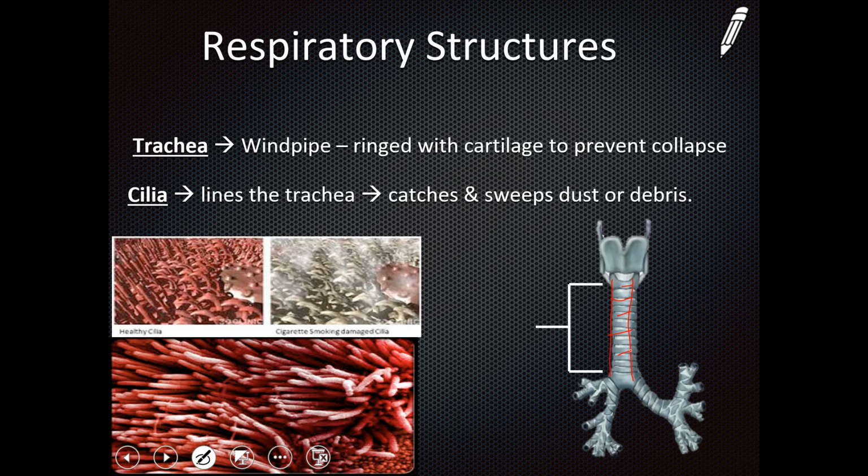And the cilia constantly flip upward. Okay, they're all around your trachea. They're going to beat those dust particles upward out of your respiratory tract. So the cilia is basically almost like a filter, to make sure that there's no dust or debris that goes down this way.